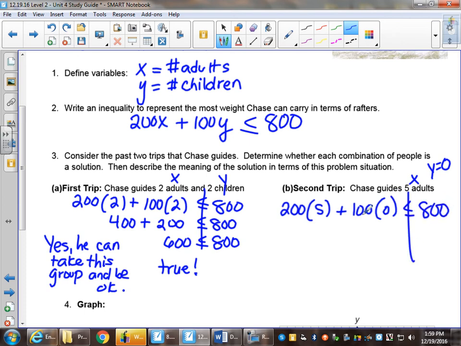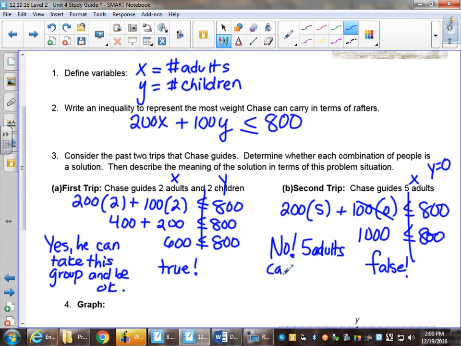Let's see. 5 times 200 is 1,000. True or false? False. So, no. 5 adults cannot fit in this raft safely. They'll be over that weight limit.